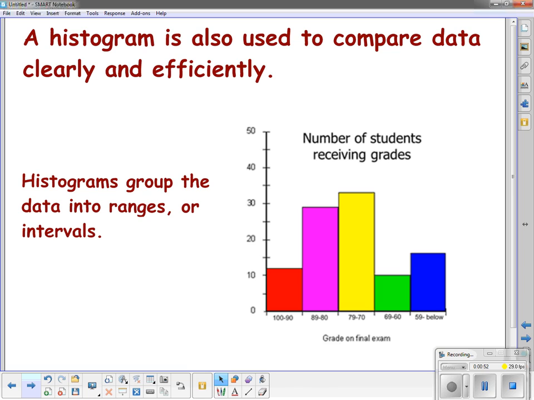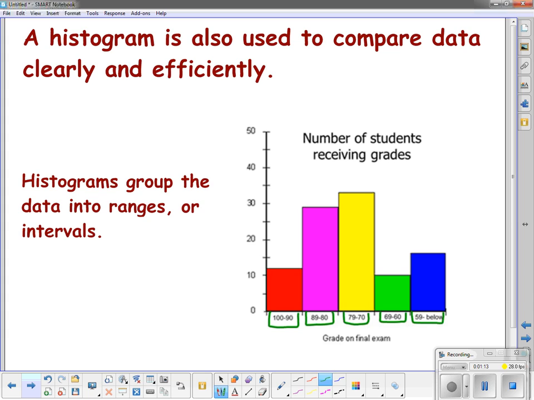Now, I said I was going to tell you what an interval was. An interval is a group of numbers. Notice that I'm boxing these groups. Normally, a bar graph just shows one piece of data at the bottom that describes what the bar is talking about or showing.